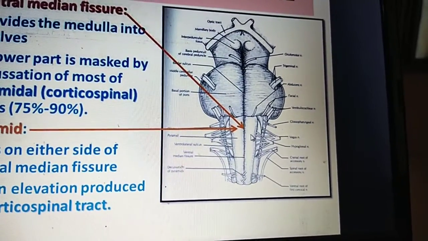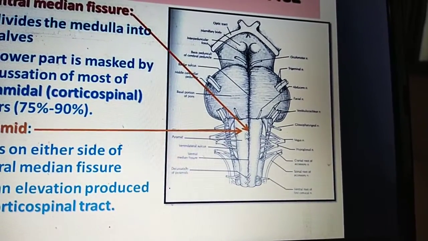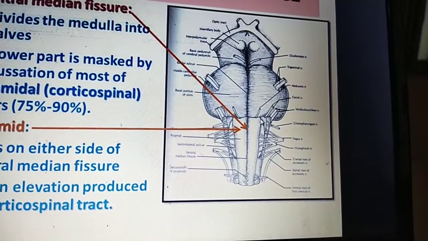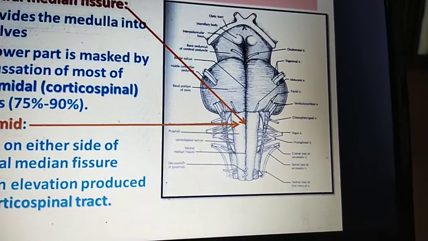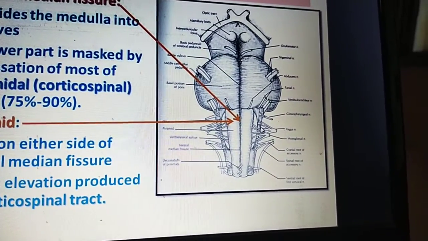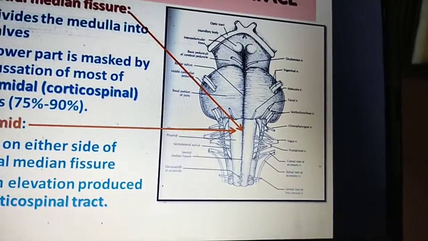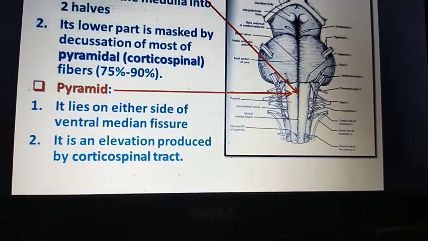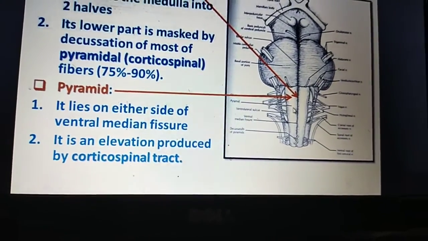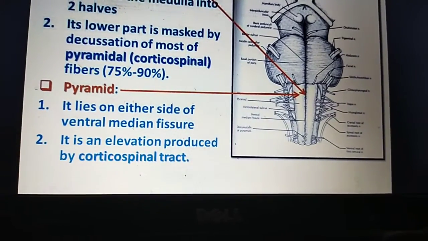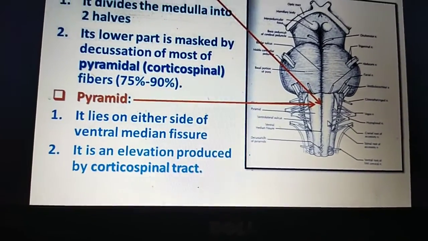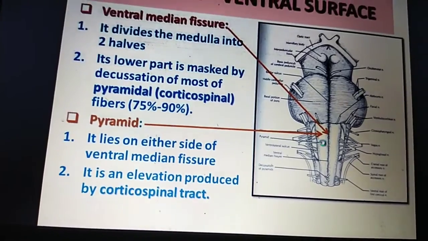Just lateral to these, on the right and left, is another groove-like structure and another elevation on the lateral side. These are called the olives, the pyramid and the olivary fissure. Okay, like that.